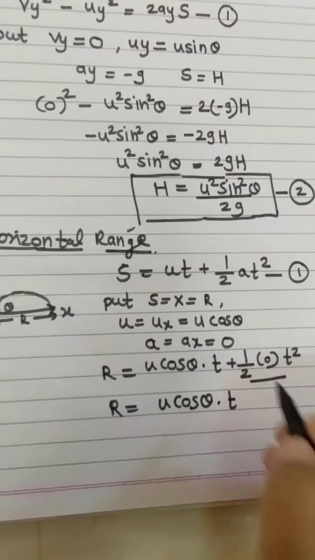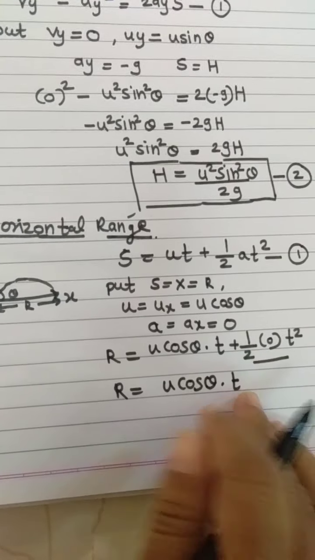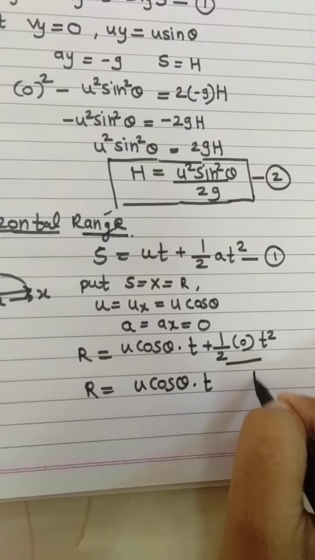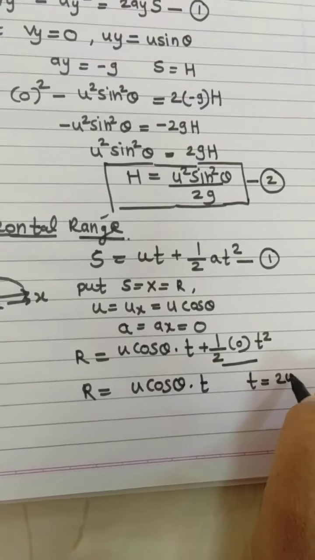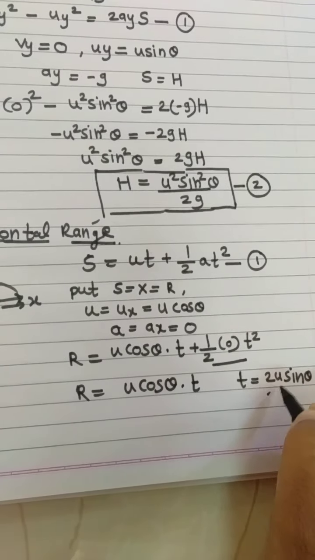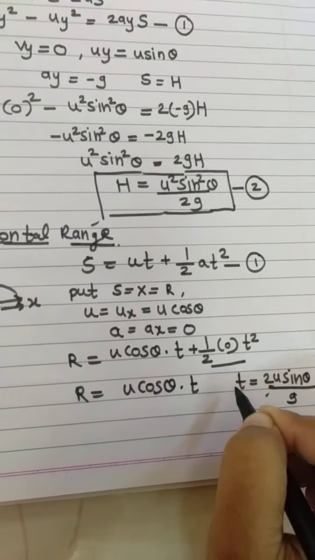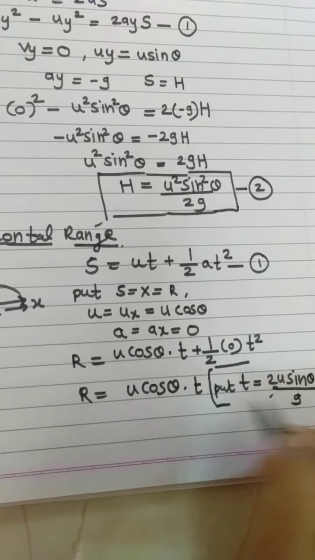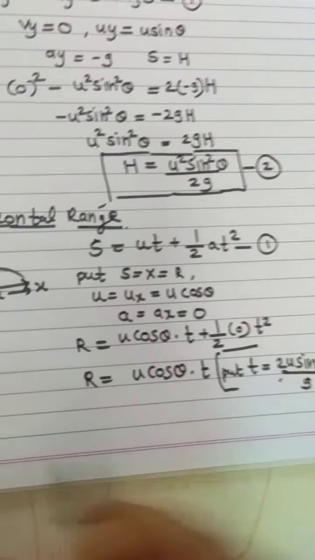Here we have to put the value of t. In time of flight we have discussed the value of t. We have got t is equal to 2u sin theta upon g. We will put this value of t in this equation. If we put it, what are we getting?